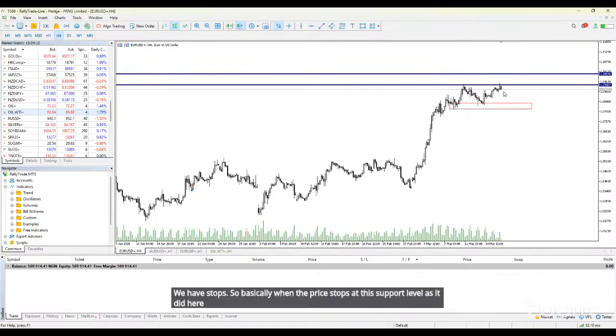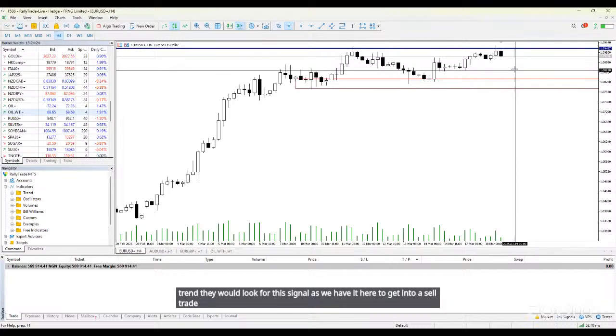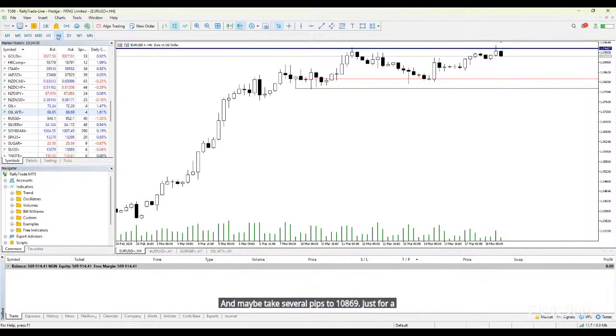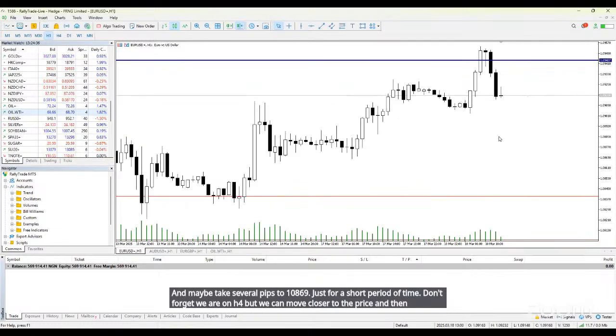Now, as a parenthesis, people who are also trading against the trend would look for this signal, as we have it here, to get into a sell trade and maybe take several pips to 1.0869 just for a short period of time. Don't forget, we are on H4, but we can move closer to the price, and then things will look a bit different here on H1.